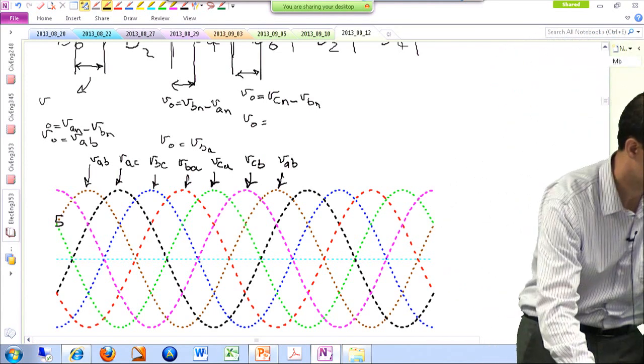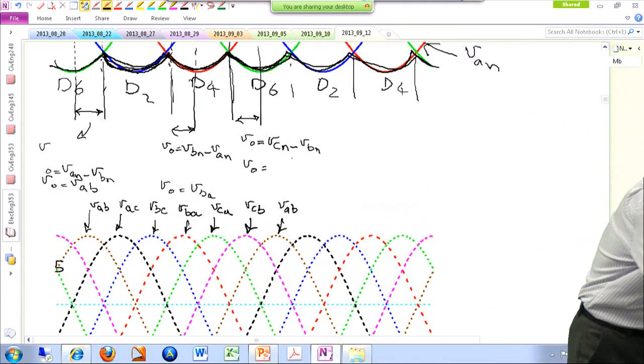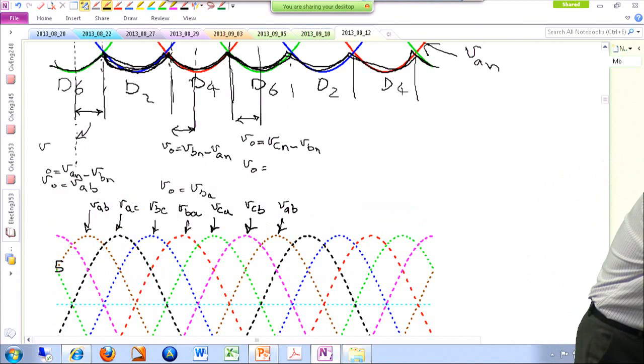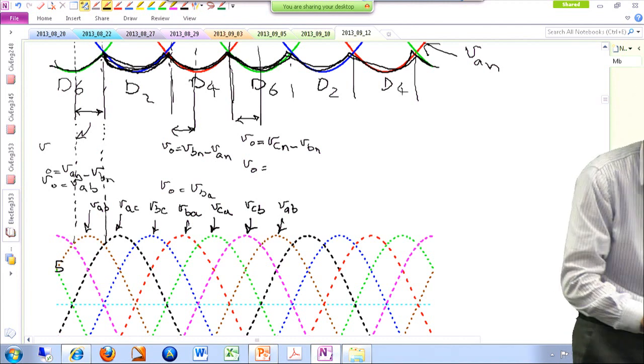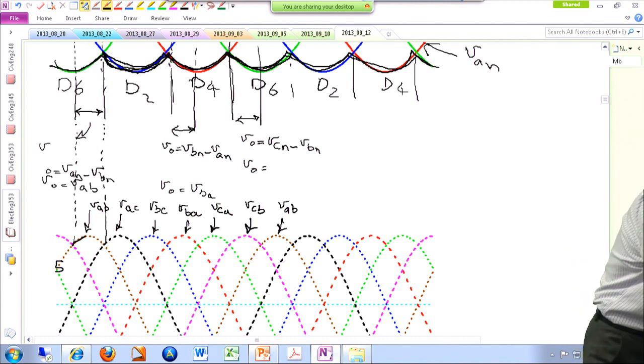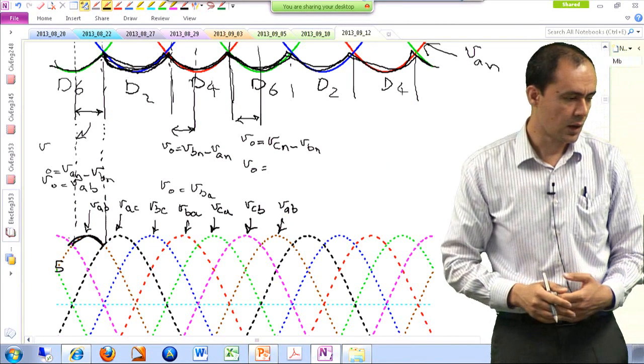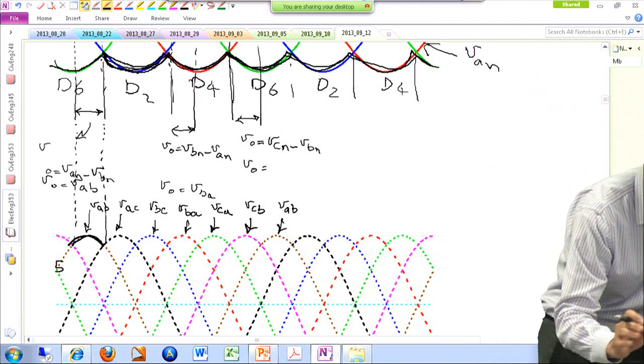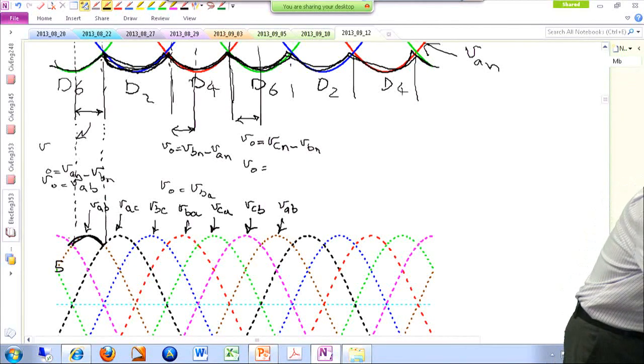So let's take a look. In this particular time interval, I was supposed to follow VAB, and VAB is actually here. So I'm following this. All right? Then in the next one, let's look at one that we have already analyzed, for instance, in this time interval.